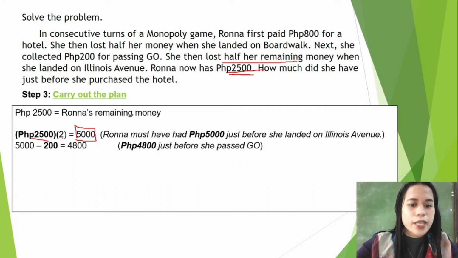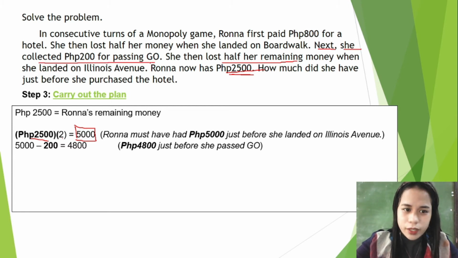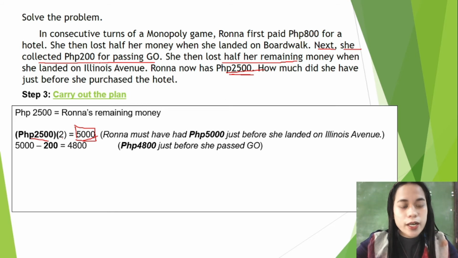Next step is, in this sentence, she collected 200 pesos for passing Go. Ilan ba yung pera niya before siya nag-collect ng 200 pesos para mag-come up with 5,000? Since she collected, meaning you are going to add 200 to the previous money, the answer should be 5,000.